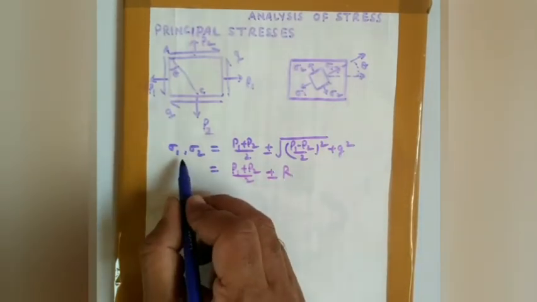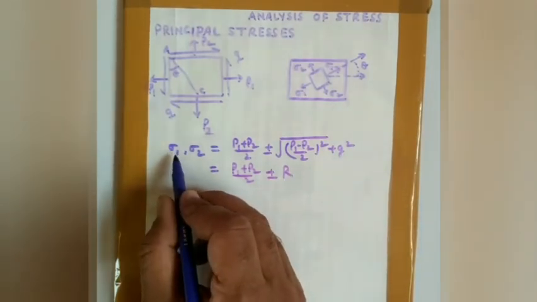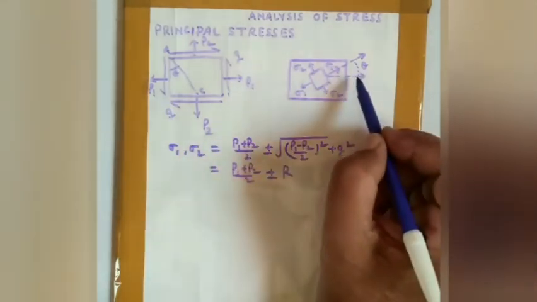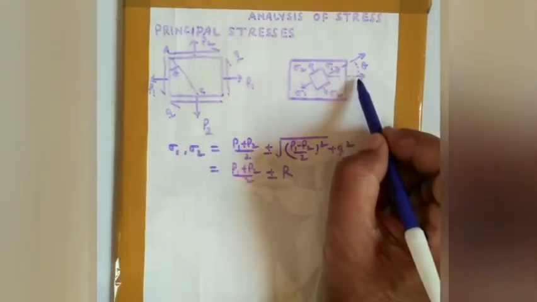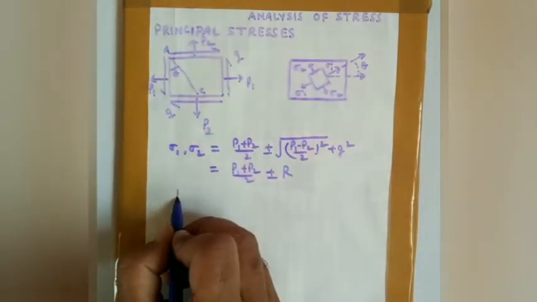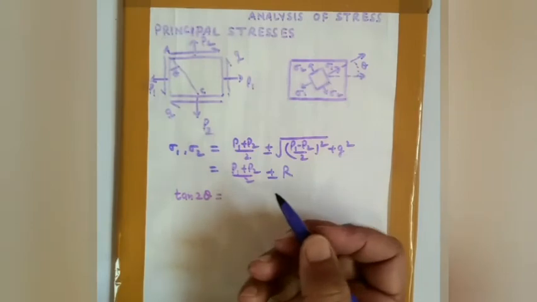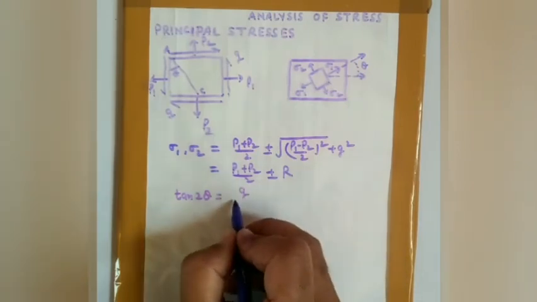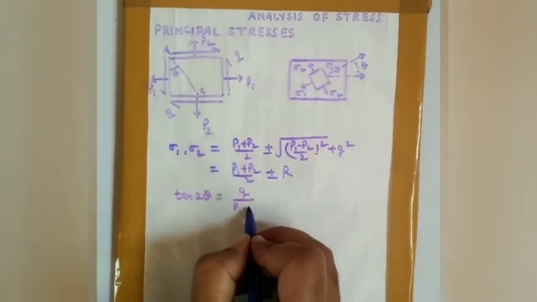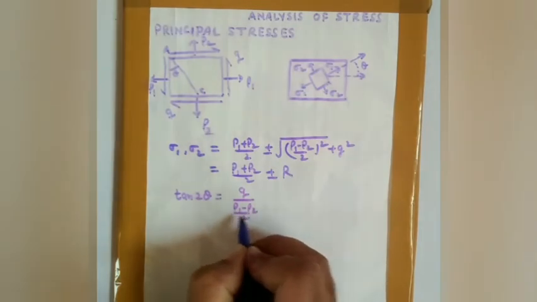And the orientation of sigma 1 is such that if it makes angle theta with the x-axis, then tan of 2 theta will be equal to q by ((p1 minus p2) by 2).